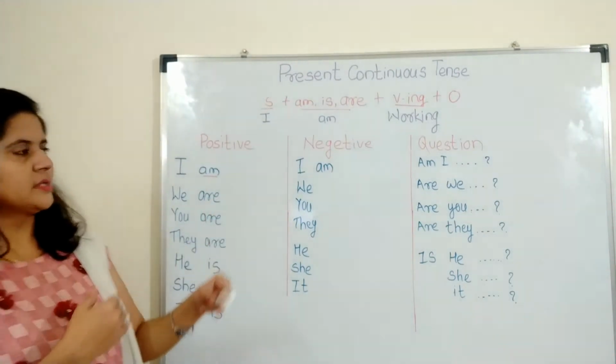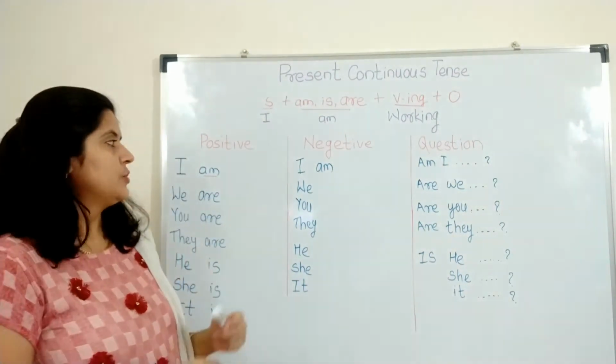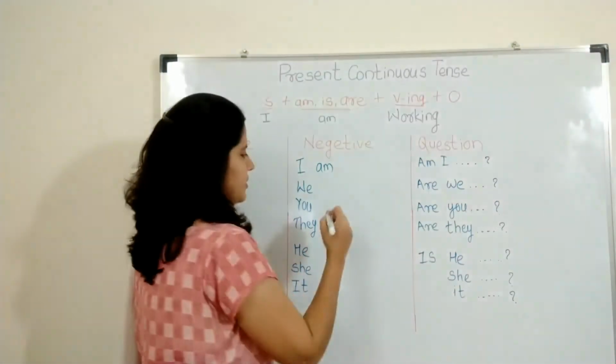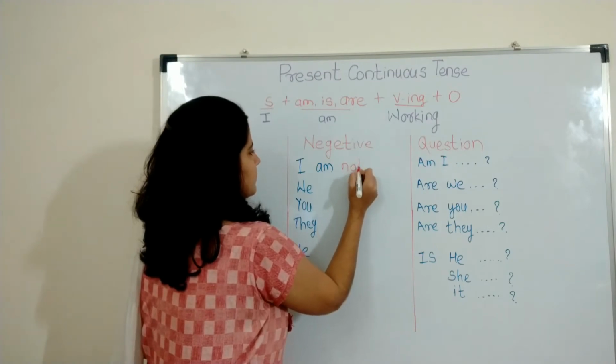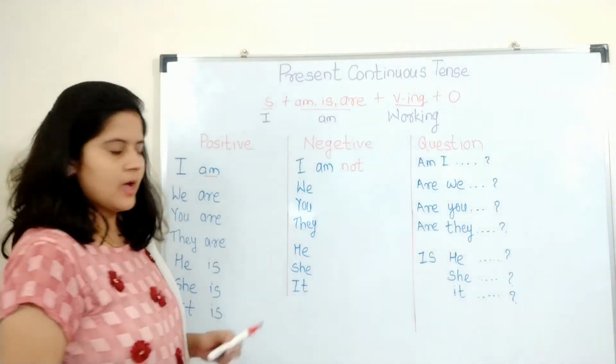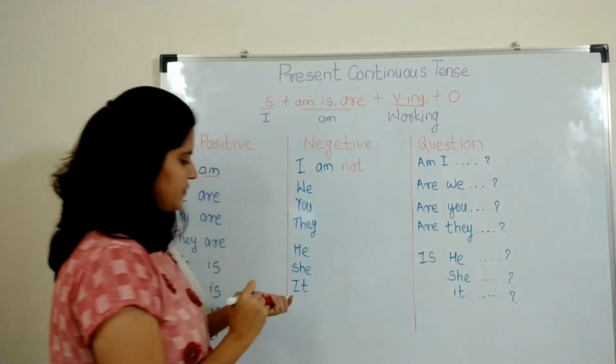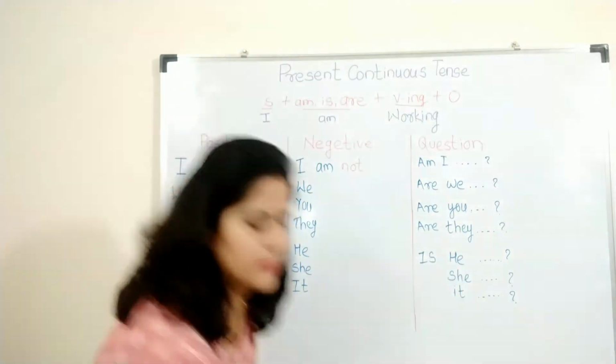Then how to make the negative one? To make the negative sentence, we simply have to add not. Okay. I am not working. We are not working.